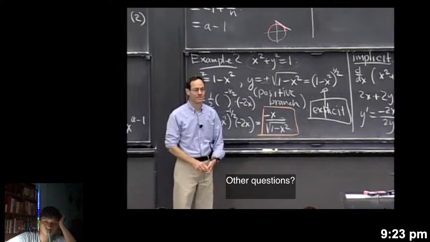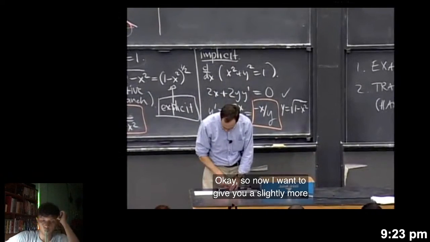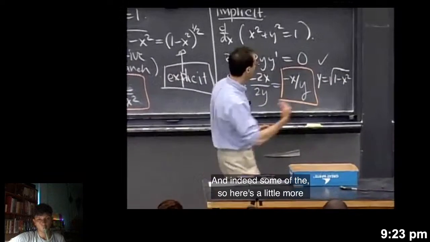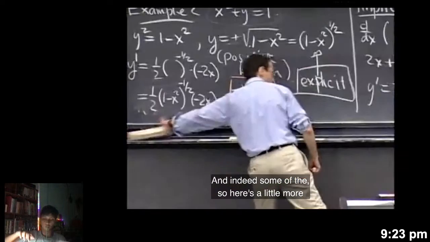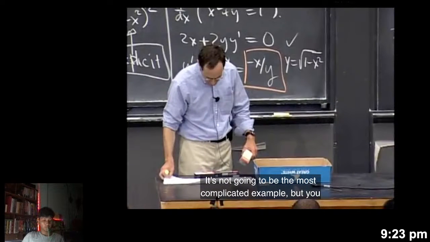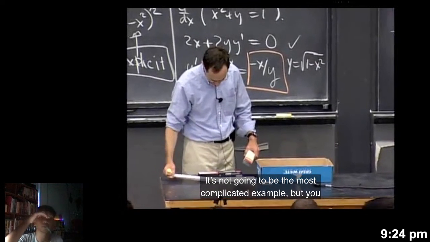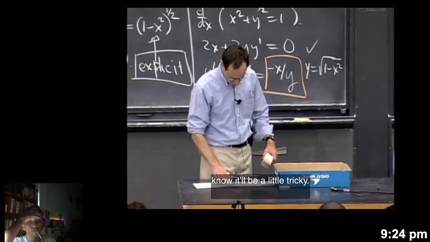Okay, so now I want to give you a slightly more complicated example here. It's not going to be the most complicated example, but it'll be a little bit tricky, okay?